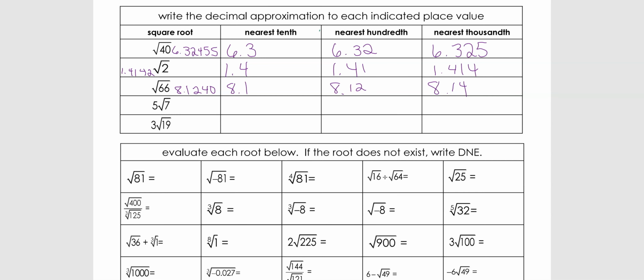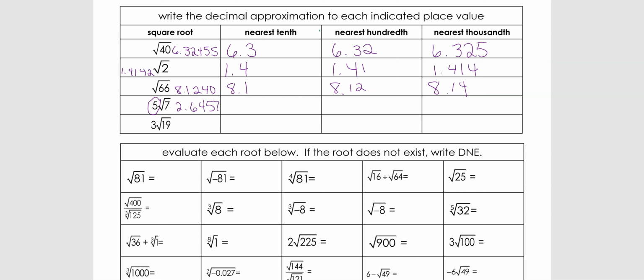All right, 5 times the square root of 7. So we have to remember that we are going to be multiplying by 5. So let's see what the approximation for square root of 7 is. When I run that through my calculator, I get 2.6457, and we need to multiply it by 5.